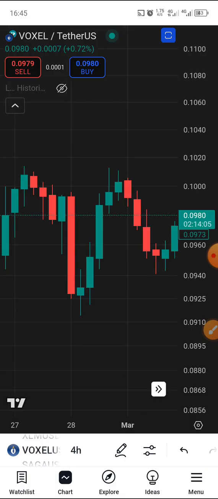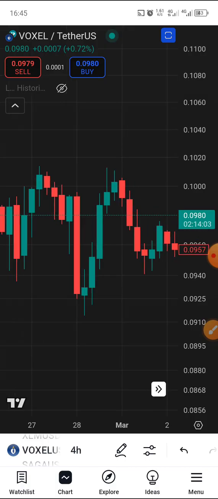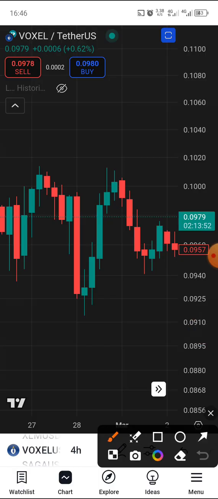The moment you spot that, the easier this will work for you, because on an upward trend, you will come and press your fib retracement from this low point to the high point.